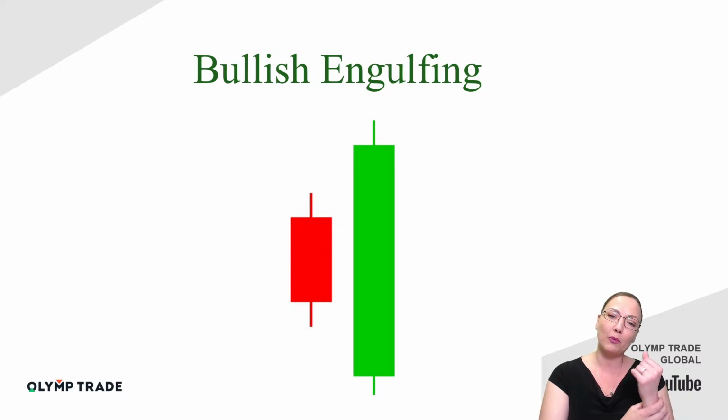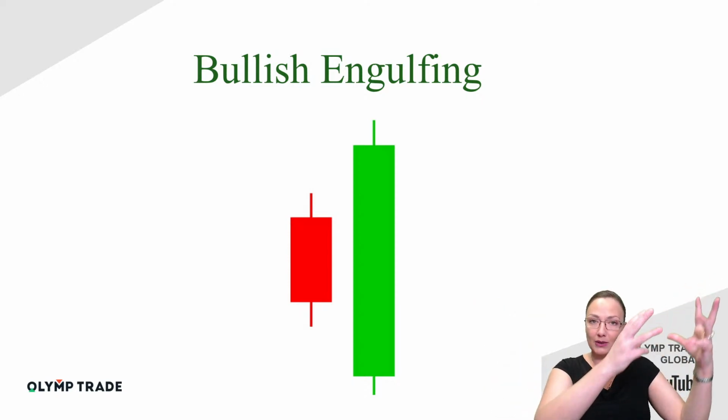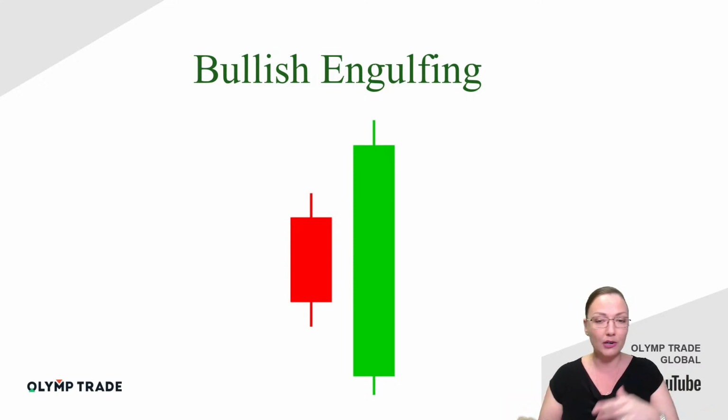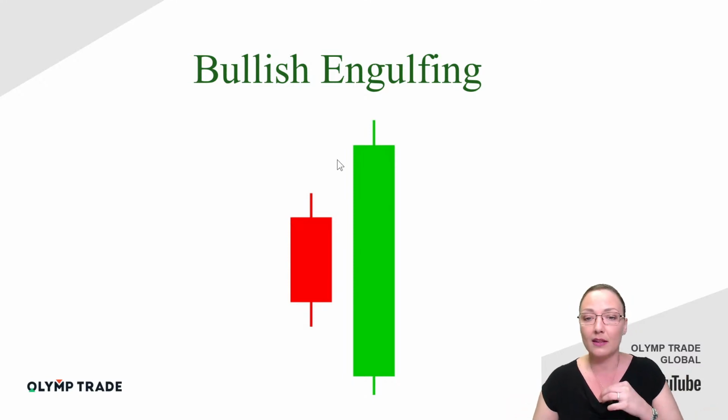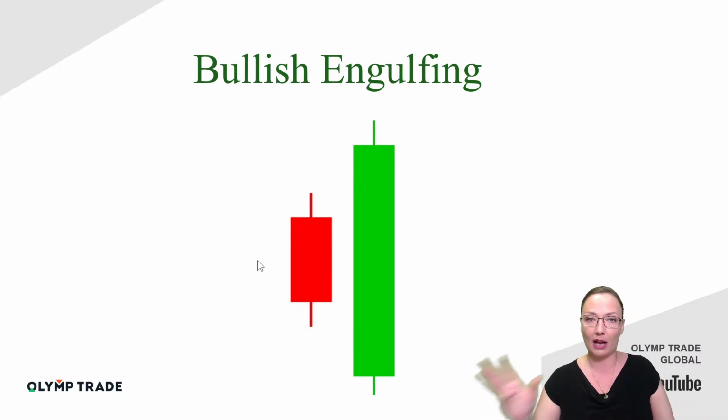So the first one we're going to talk about is called the bullish engulfing. The main thing is that this is a reversal to the upside, so this is going to be found at the bottom of a downtrend whenever the price has met support. The main thing we want to pay attention to on an engulfing pattern, bullish or bearish, is that the second candle completely engulfs, completely covers, the previous candle.